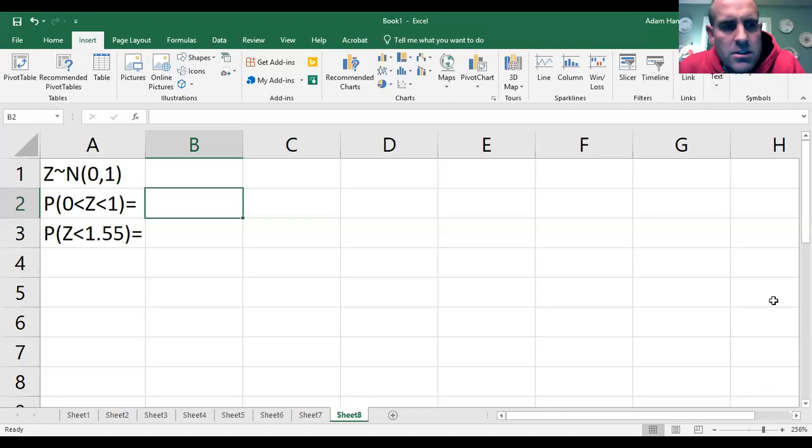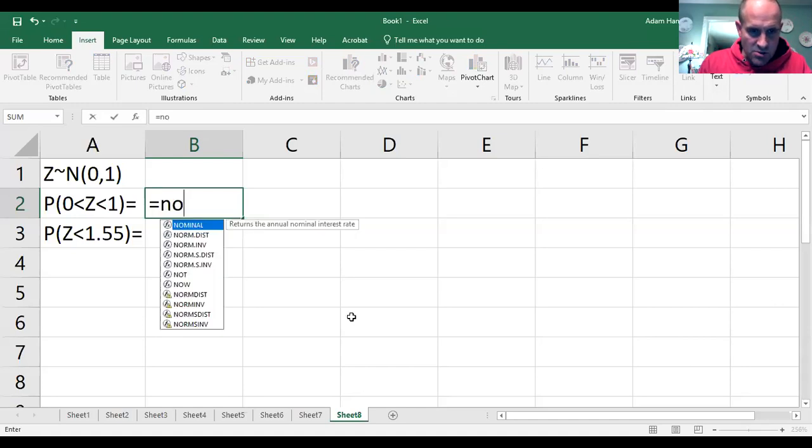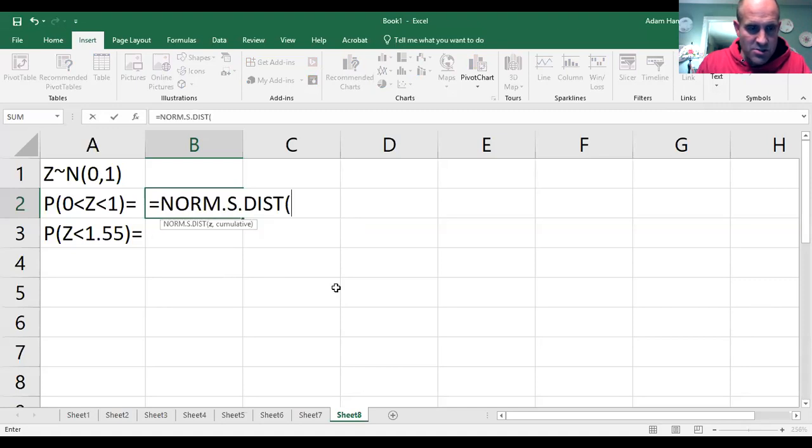So here in Excel, we're assuming that z is the standard normal with mean 0 and standard deviation 1. How would I get the probability that z is between 0 and 1? Well, I would go equals NORM.S.DIST. There's NORM.DIST and NORM.S.DIST right here. That's what the S stands for. What's the z value?